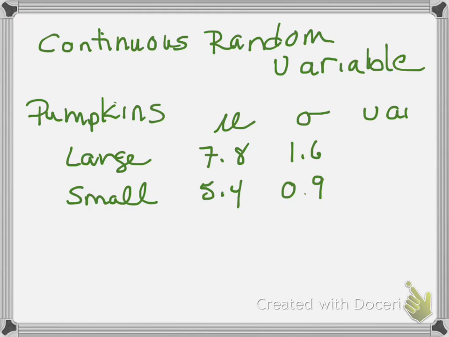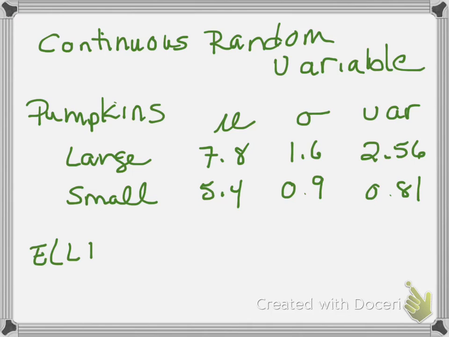So what I'm also going to do is find the variance, which is standard deviation squared. So this is going to be 2.56, and this is going to be 0.81. All right? And so let's go find the expected value of, let's say I'm going to get two pumpkins, a large and a small.